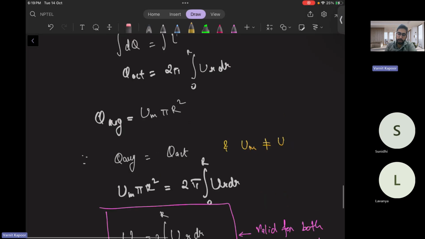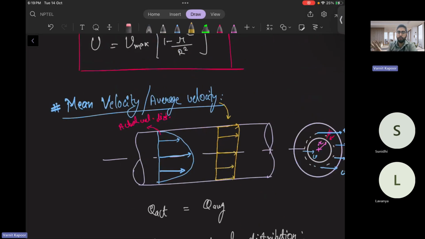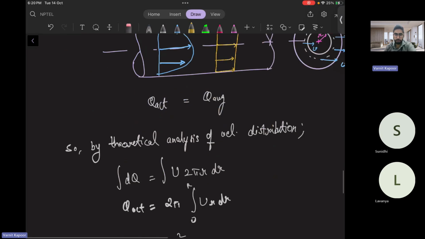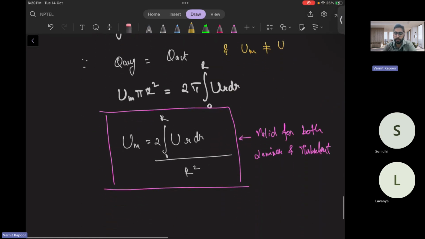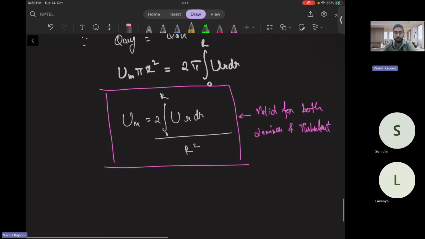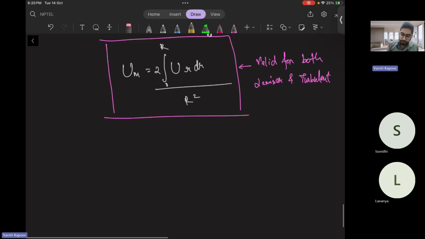Instead of having an actual velocity distribution, we are converting it to a mean velocity. From the graph, they don't look equal at all, but the discharge will be equal. Discharge is nothing but area into velocity, so either you go by actual velocity or average velocity, you will get the same discharge. But momentum won't be the same, because momentum or kinetic energy have a velocity linear or velocity square term, and the velocities themselves are not the same.